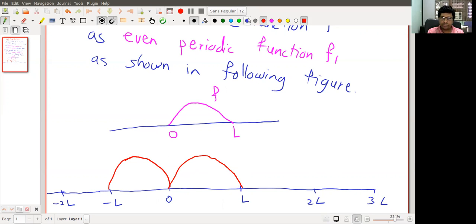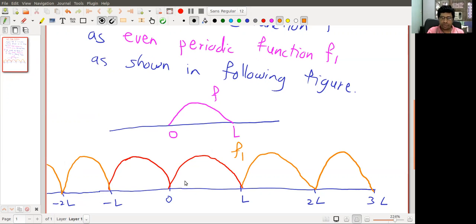So here we have same function, and here also. So this will continue, and we call this as f1.